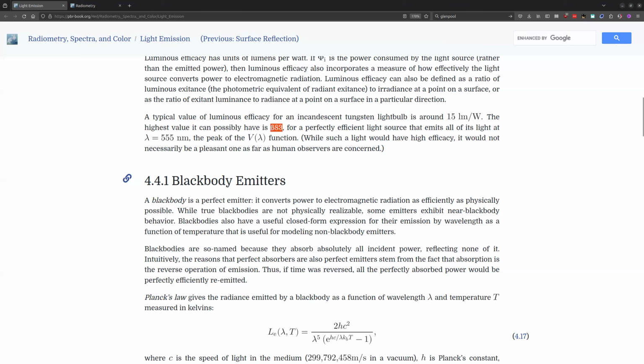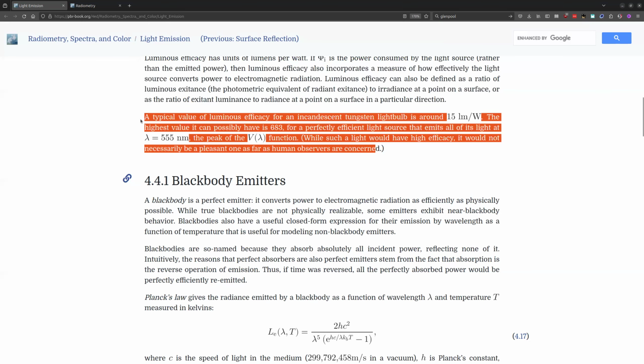The wavelength can go up to 683 nanometers. I'm not sure what this is saying.